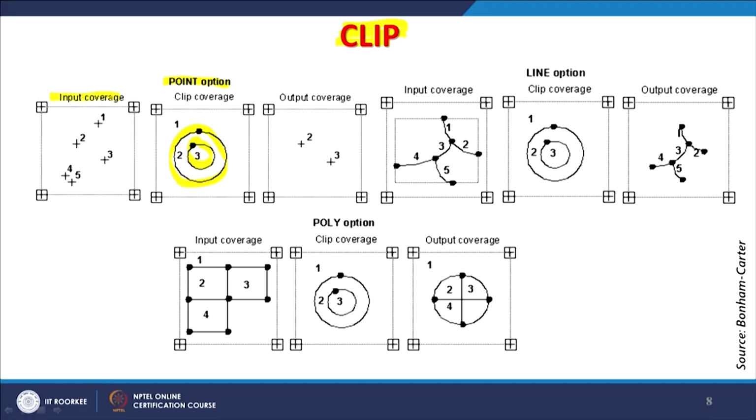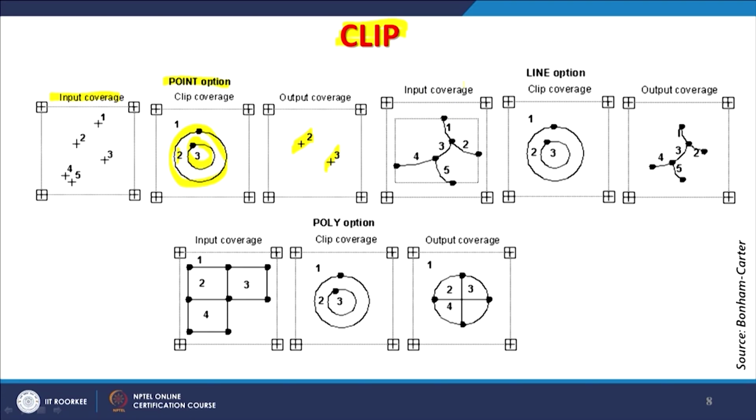When I overlay these two, I get only a selection of these 2 points. That means I am basically clipping or extracting only those points which are falling within these 2 circles, points 2 and 3.